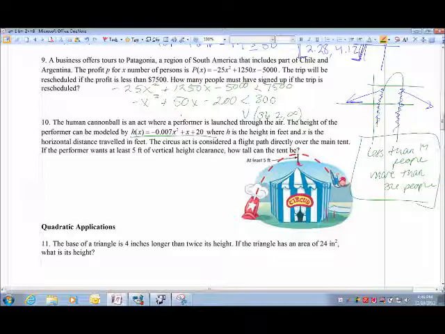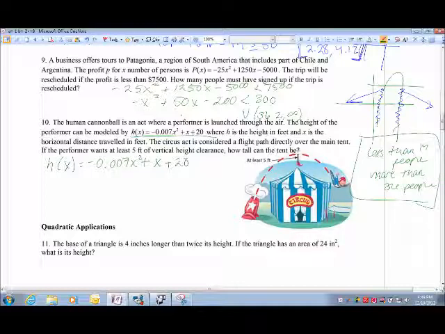So, the circus act is considered a flight path directly over the main tent. If the performer wants at least 5 feet of vertical height clearance, how tall can the tent be? So, h of x equals negative 0.007 x squared plus x plus 20. And that represents this dotted red parabola that you're seeing the performer in the picture making.